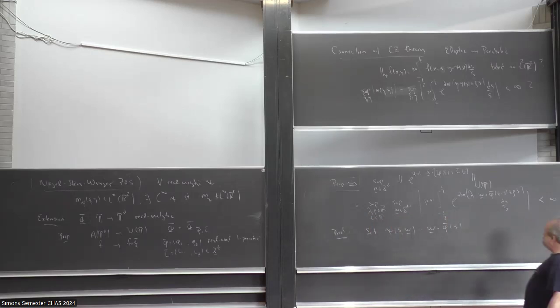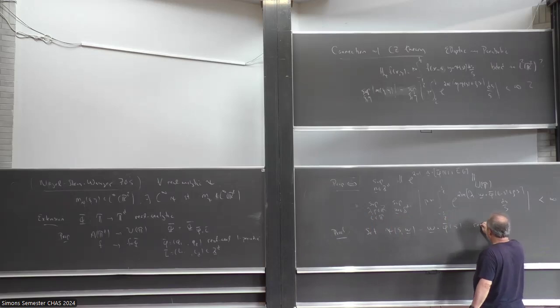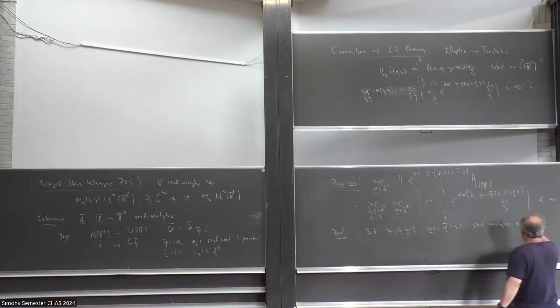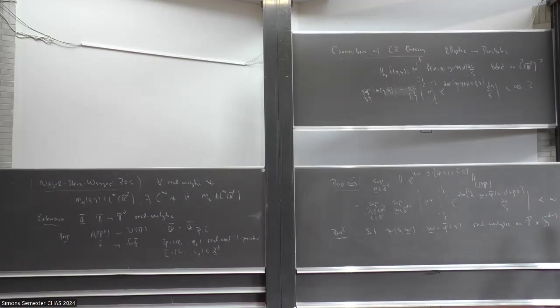So this is actually real analytic. This is important. I want to view this as a real analytic function, but now on the manifold of the circle cross the unit sphere, and I want to use analyticity on this analytic manifold.